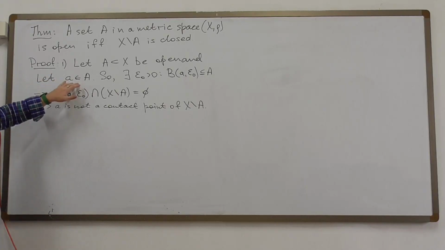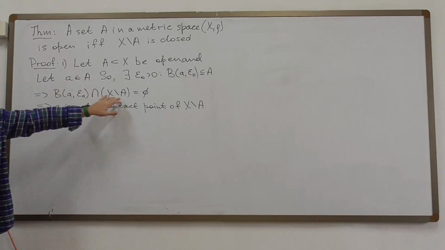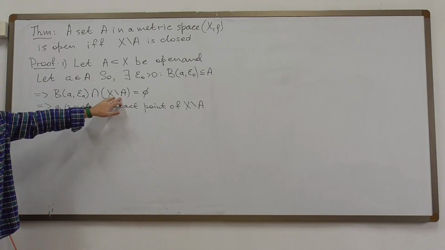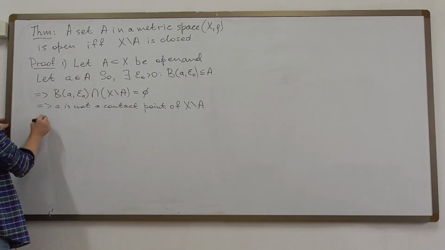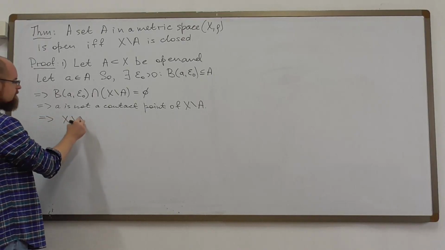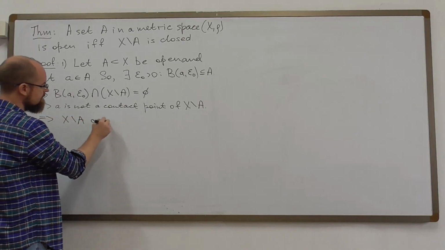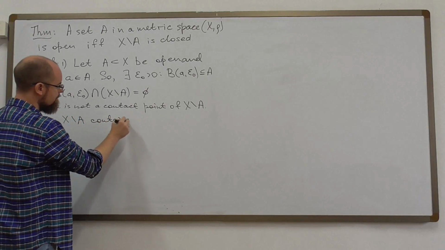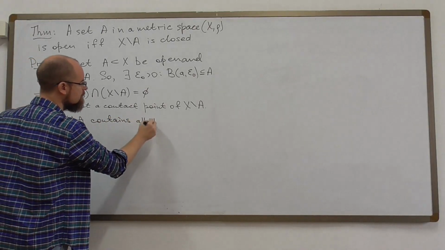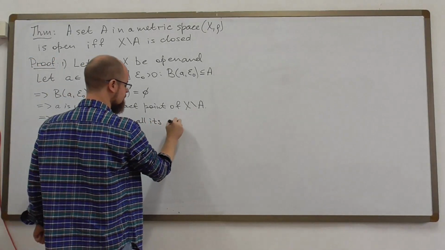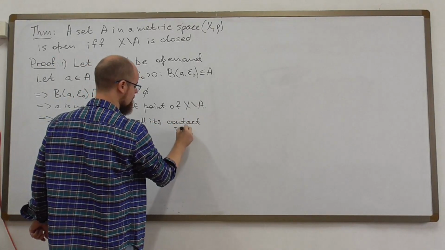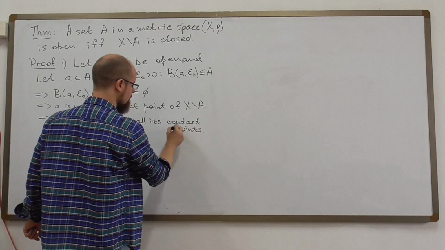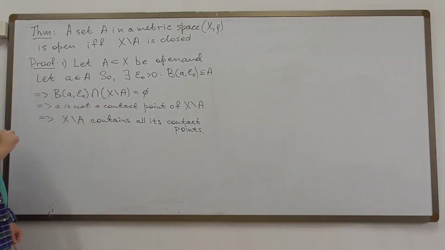So we've taken an arbitrary point from A, which means that it does not belong to the complement, and showed that it's not a contact point. This means that the set X minus A contains all its contact points, which means that this set is closed.